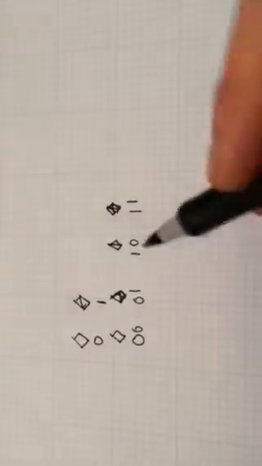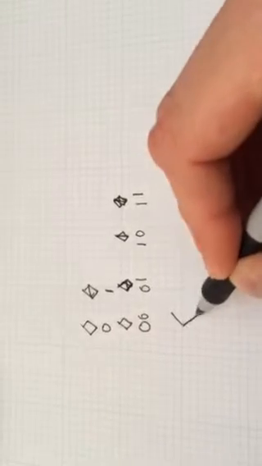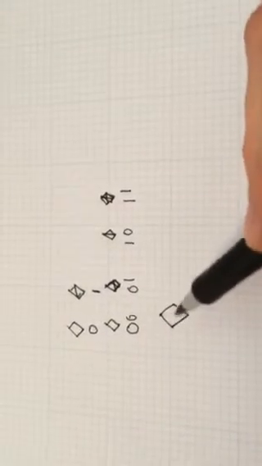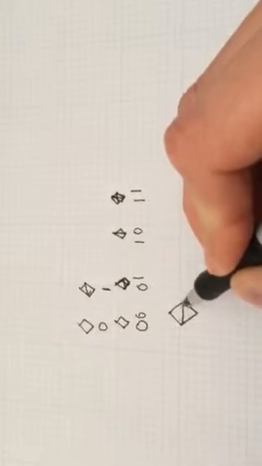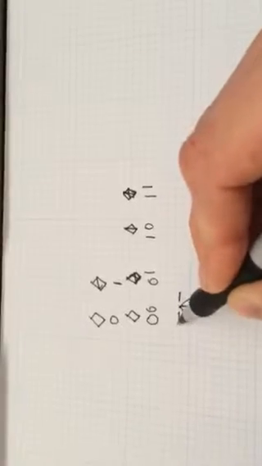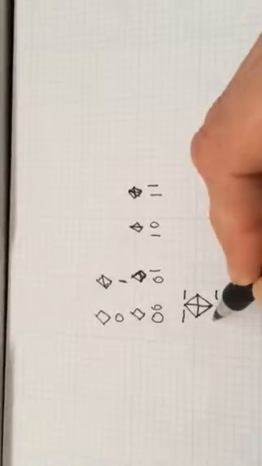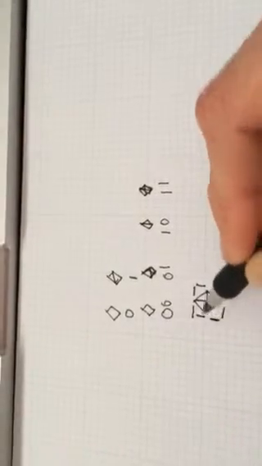So say this is, we're using this diamond shape to calibrate, right? Say this is the first bit, this is the second bit, this is the third bit, this is the fourth bit, this is the fifth bit, this is the sixth bit, this is the seventh, eighth, ninth, 10th, right?